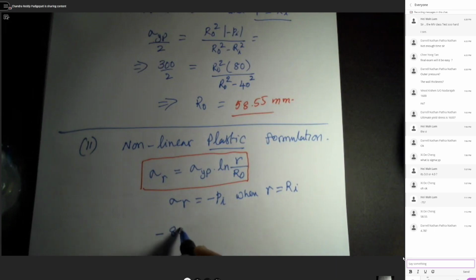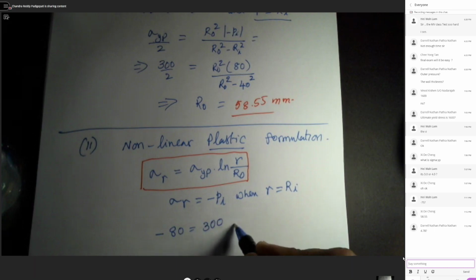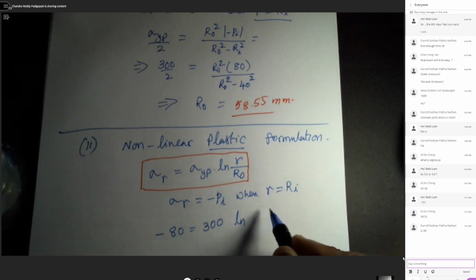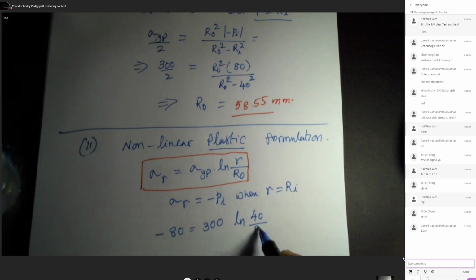So negative 80. Sigma Yp, we know, is 300. Now we replace r with Ri. Ri we know is 40 over Ro.